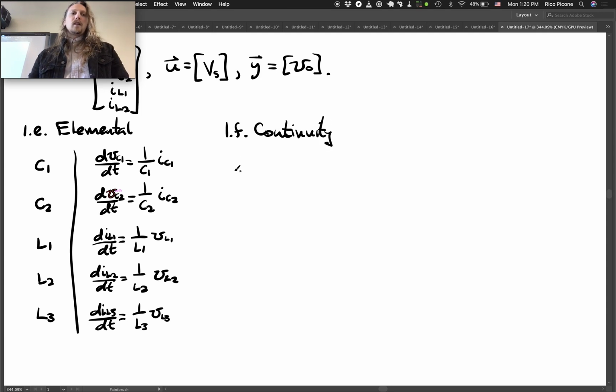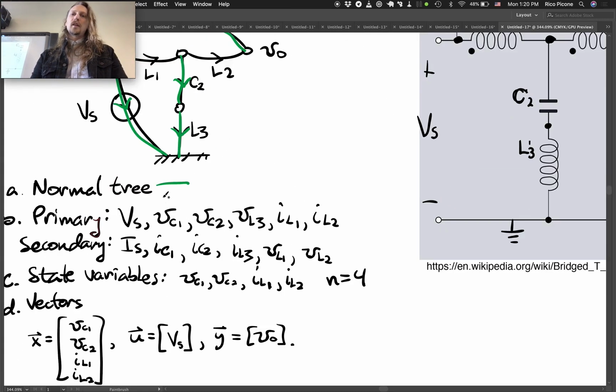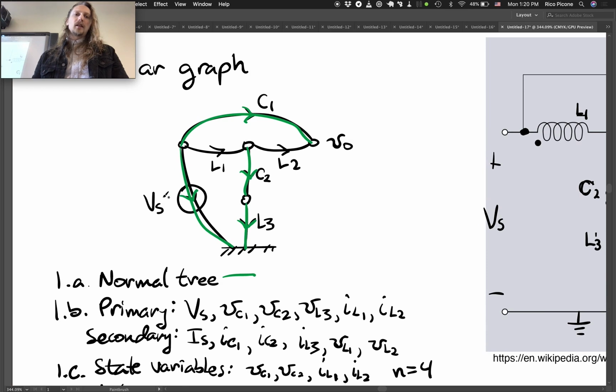Let's continue with this tabular way of doing things. So let's look for a continuity equation for C1. We look back at the normal tree and we say, okay, C1 is a passive branch and we need to draw a contour for it. This contour works.